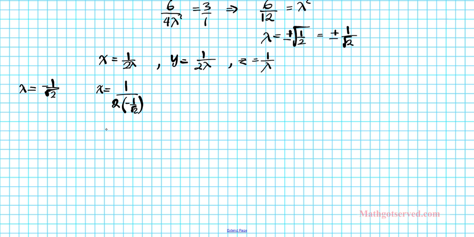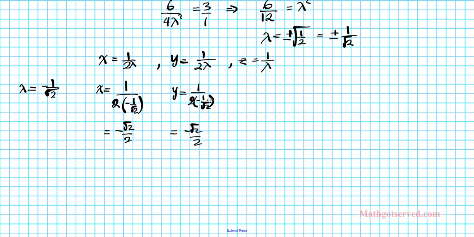And when we simplify that, it's simply going to be negative root 2 over 2. We multiply top and bottom by root 2 over root 2, and you get this. Same story for y. Substitute 1 over 2 times negative 1 over root 2. Y is going to be negative root 2 over 2.